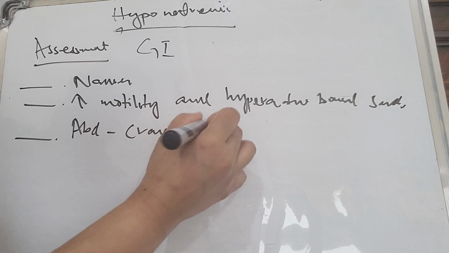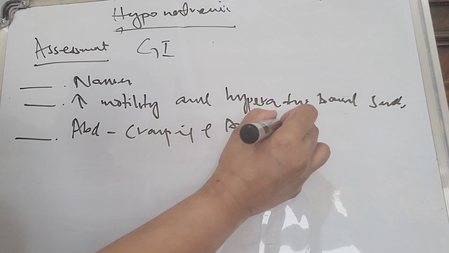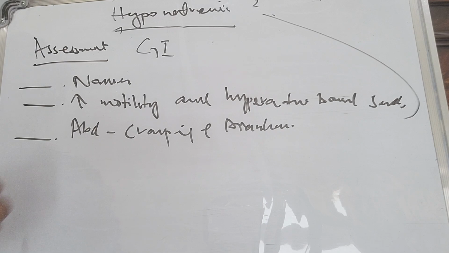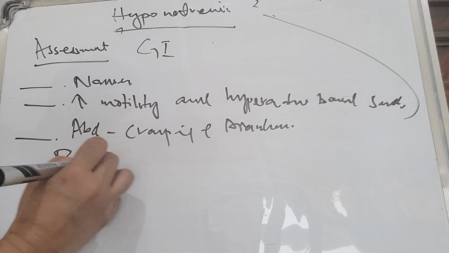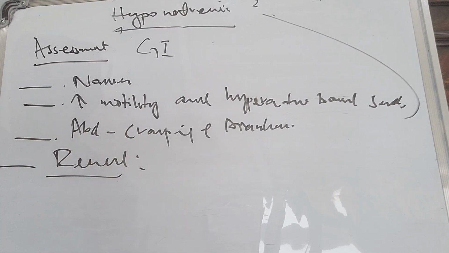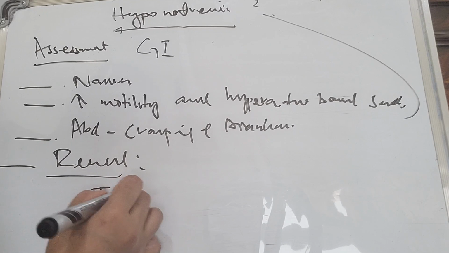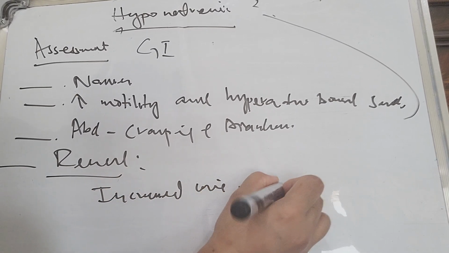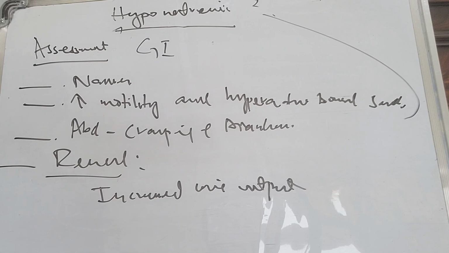Abdominal cramping plus diarrhea due to hyponatremia. Then the renal: increased urine output due to hyponatremia.